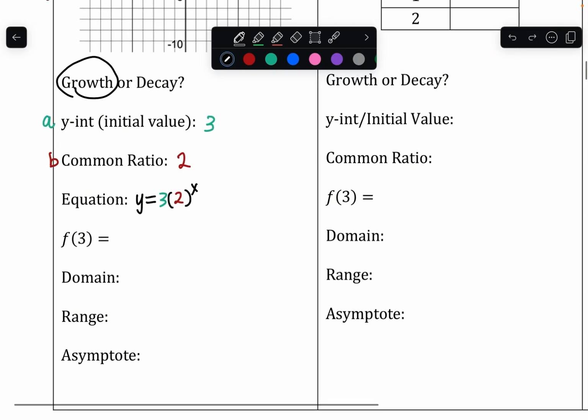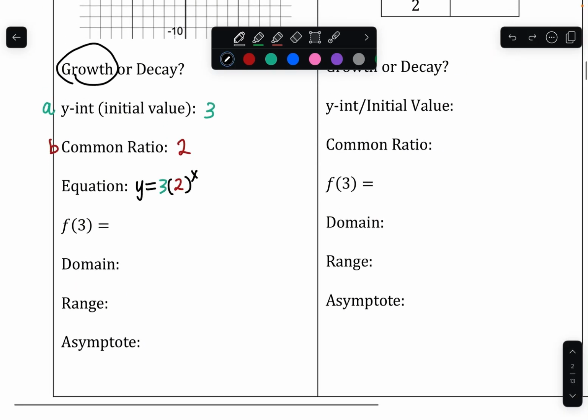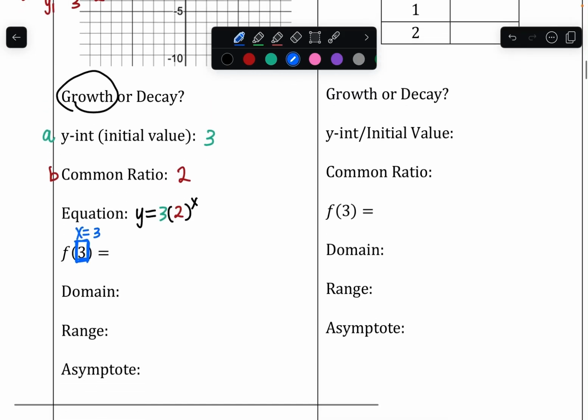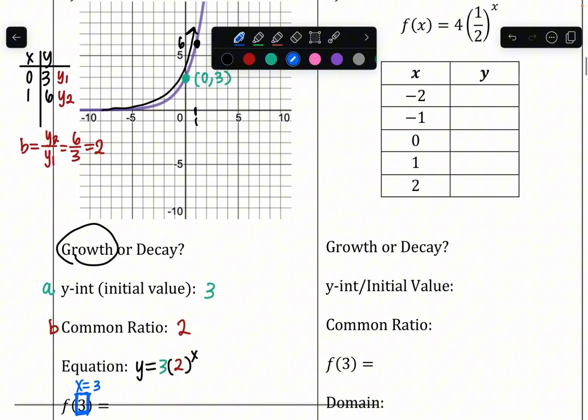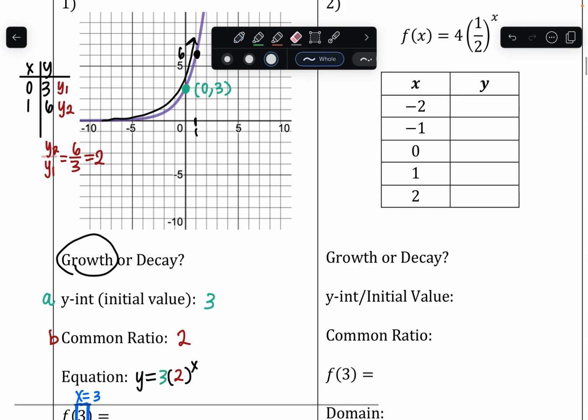Okay, this next example is asking us for f of 3. Remember, when you are given the number inside the parentheses, you're given your x value. They're wanting to know what is the value of the function at x equals 3. So we can continue our table by following the pattern in order to figure that out.